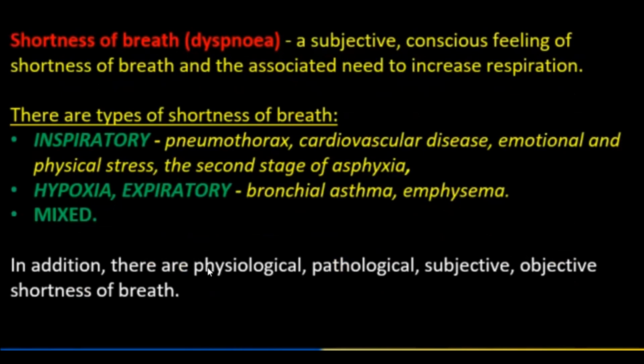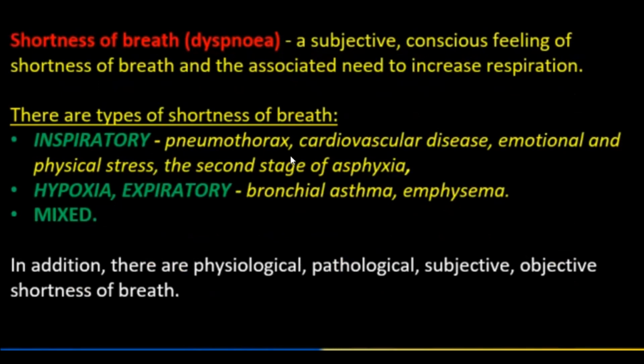Shortness of breath, or dyspnea, is a subjective sensation of shortness of breath and the associated need to increase respiration. There are types of shortness of breath: inspiratory, expiratory, and mixed.